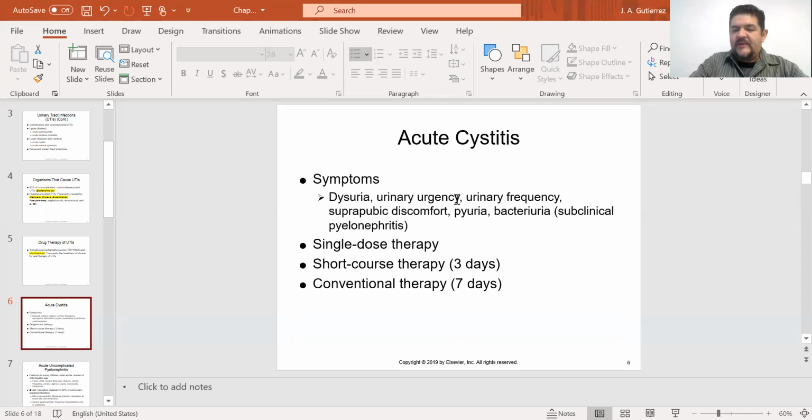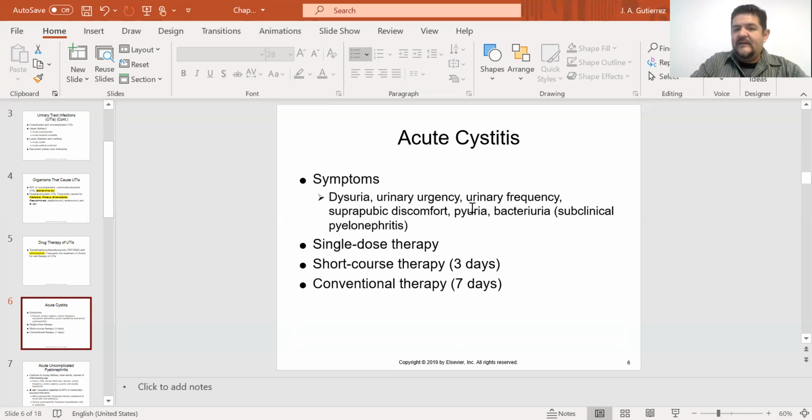Urinary urgency means that when they need to go, they need to go. The problem is that when they go, only a few drops come out, which doesn't make sense compared to the sensation they had. Urinary frequency means they go more often than usual. Suprapubic discomfort is pain in the pelvic area.